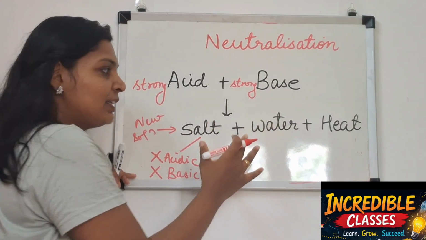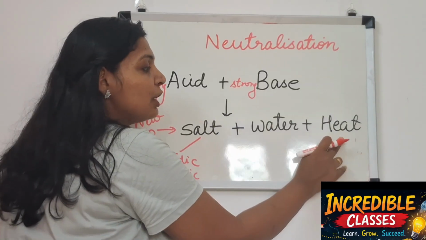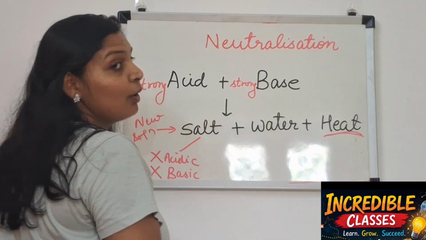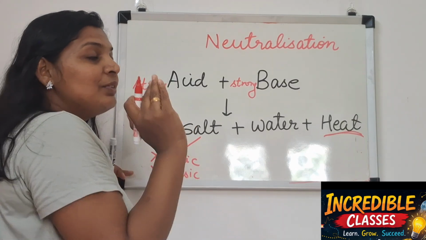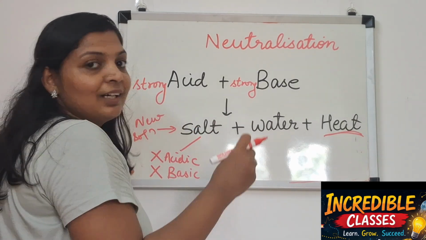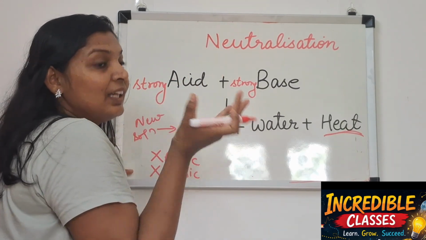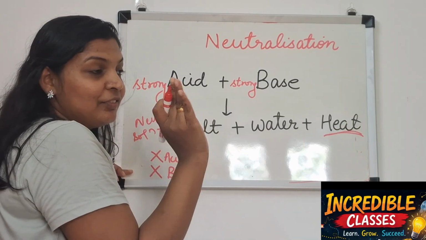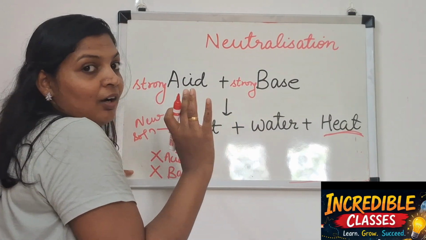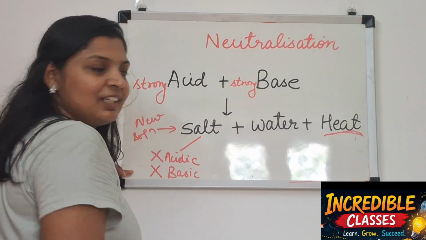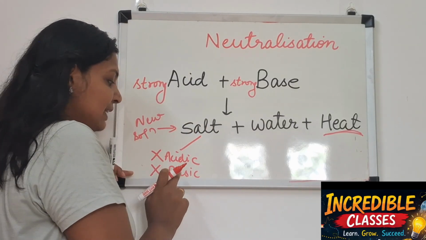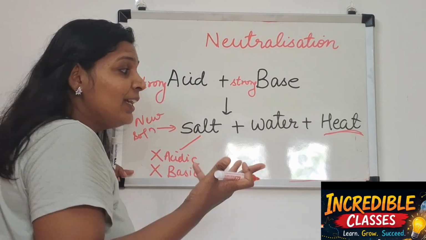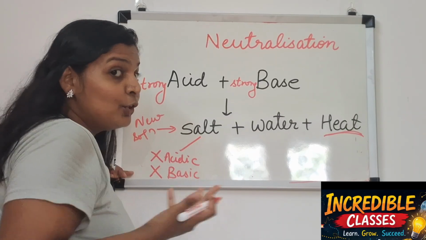We will get water with the evolution of heat. This is important, with the evolution of heat. That is, if you are doing it in a beaker, the beaker will get a little hot. You can feel when you touch it, it will be a little warm. Clear? So if this salt is neither acidic nor basic, then what could it be?